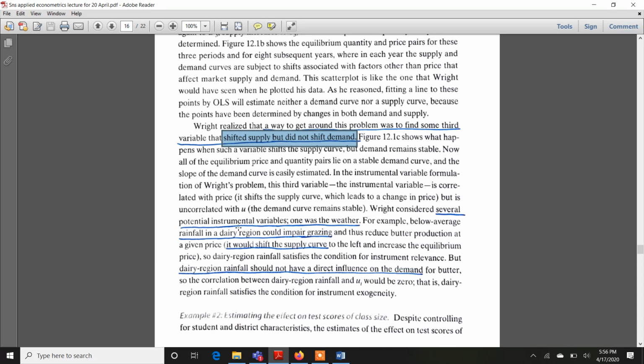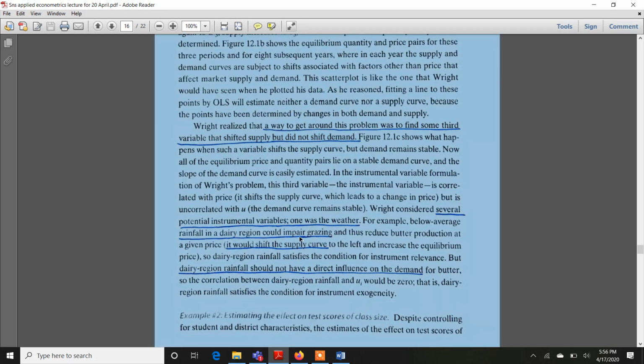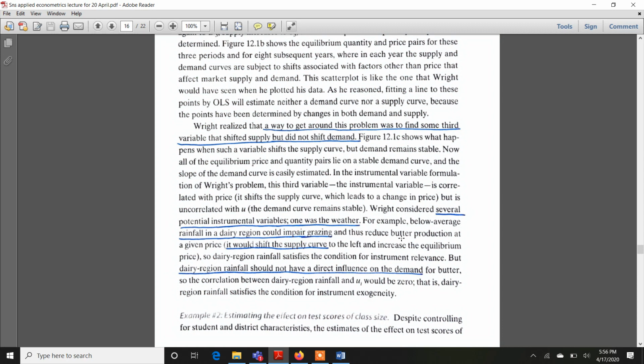Below average rainfall in a dairy region could impair grazing and thus reduce butter production at a given price, so it would shift the supply curve. But such a change in rainfall, we assume, is not going to influence demand. So the correlation between dairy region rainfall and the error term u would be 0.